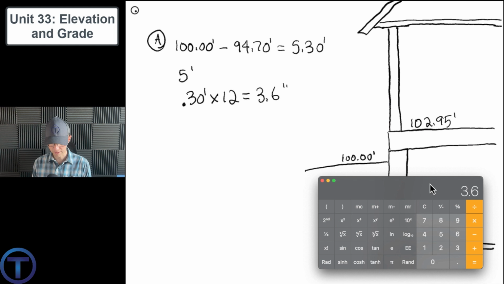Now we're into decimal inches. If I want to convert that over, I'll save my 3 inches, right? I've got my 3 solid inches. But then I've got 0.60 of my fractions of an inch. Let's multiply that by 8 over 8.